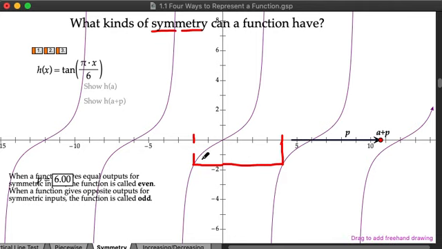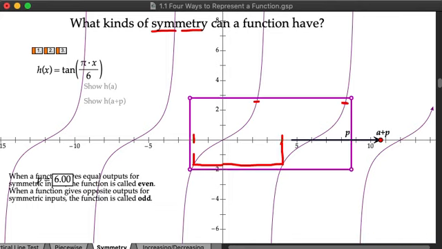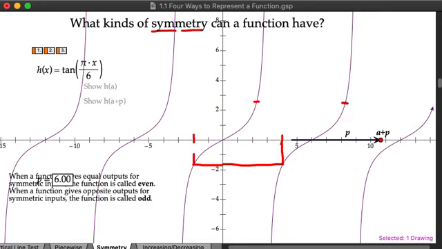Okay, so like this point on the graph corresponds to the same with an input of 6 more. Okay, anytime I have two input values that are 6 apart, the output values will be the same. Okay, so that is a periodic type of symmetry. And our primary examples of periodic functions are all of our trig functions.